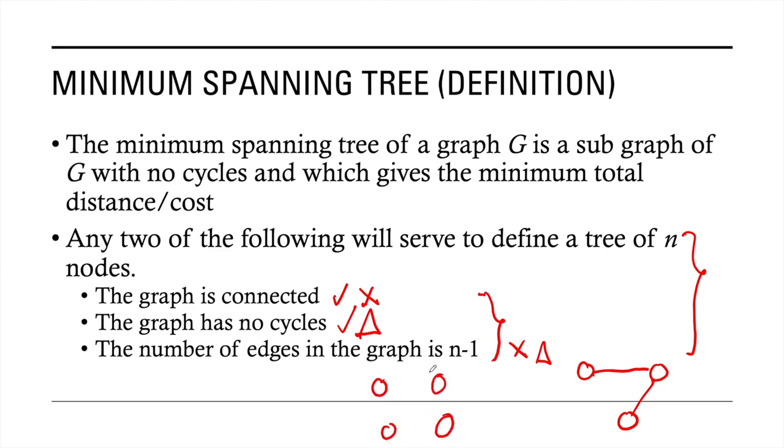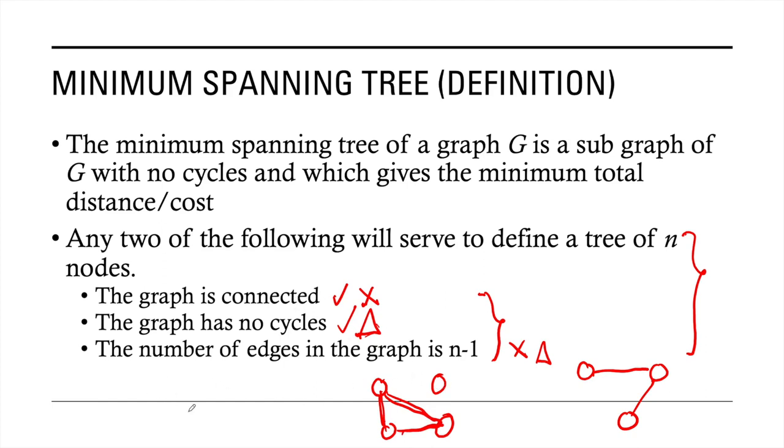And let's say for this graph with 4 nodes, you need 3 edges for it to be connected, correct? So let's say the 3 edges is 1, 2, and 3. Now, even if in this graph we have 3 edges already, but because there exists a cycle, therefore, we cannot say that the graph is connected.